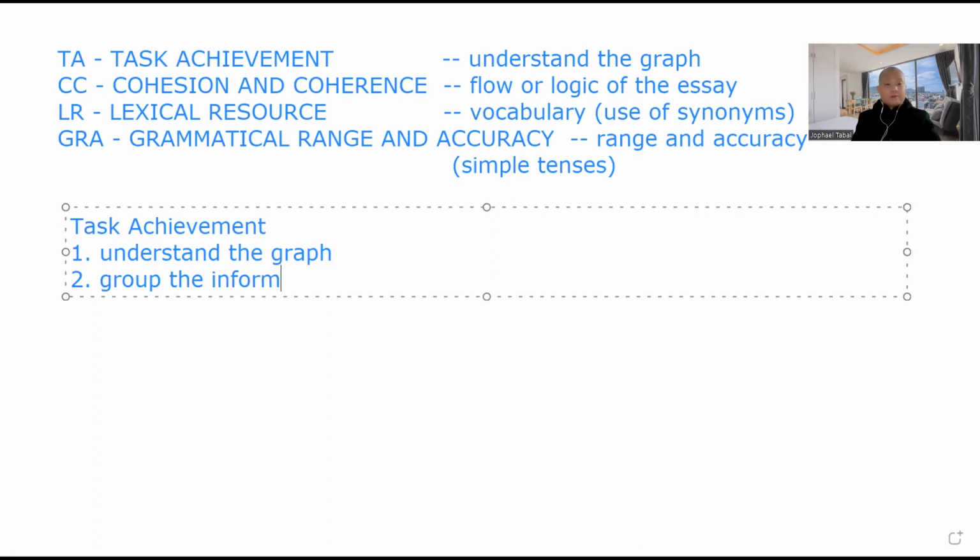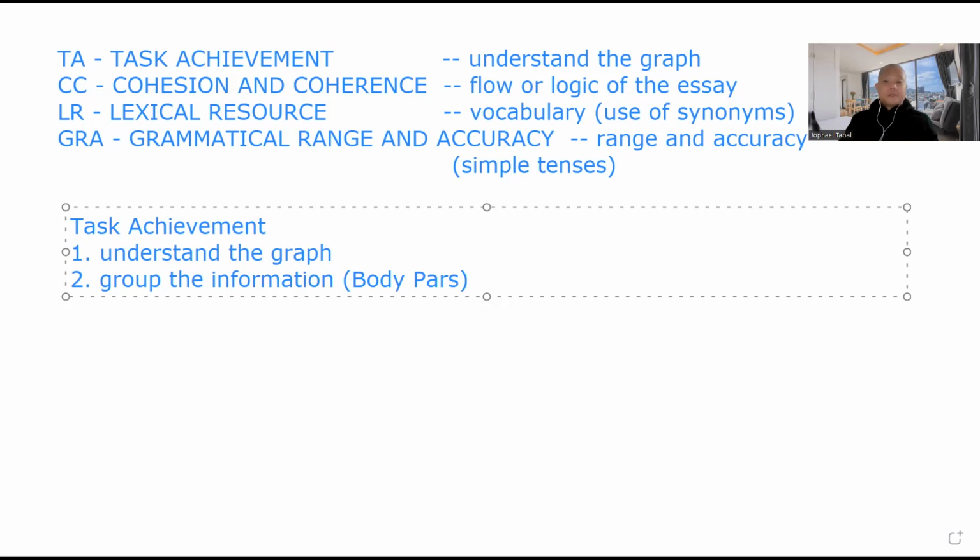Once they understand the graph, once they have the full grasp of what the graph is about, then the second step is to group that information. So which information should be written in body paragraph one and body paragraph two respectively. Okay, so here let's check here a table.